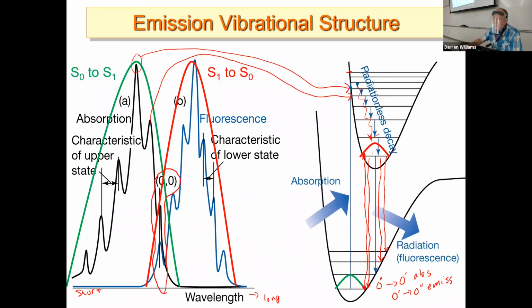It's even shorter than that, and so it's going to be an even longer wavelength. And so all of these emission peaks are at longer wavelengths than the 0, 0. And then all of these absorptions are going to be longer arrows than the 0, 0. They're going to hit these levels here, and those arrows are all progressively longer. And the longer the arrow, the larger the energy difference, which means the shorter the wavelength.